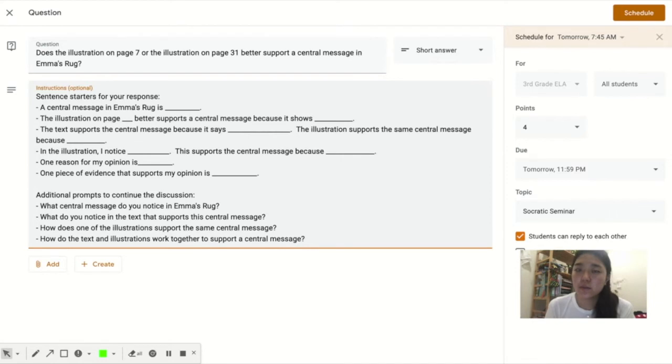Okay, so that's just the first part of the Socratic seminar, because again, the point of a Socratic seminar is being able to respond to what your classmates are saying. So in order to get full points, you need to make sure that you respond to at least one other classmate. I also want to challenge you, if you would like, to continue to post.